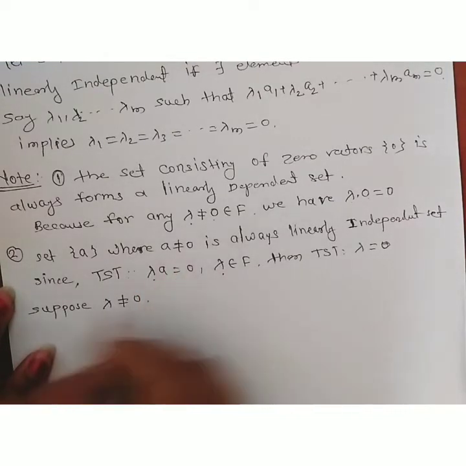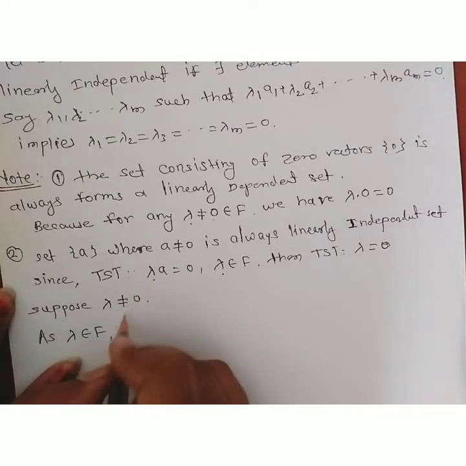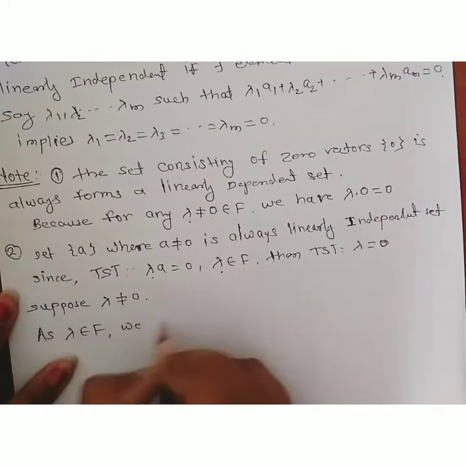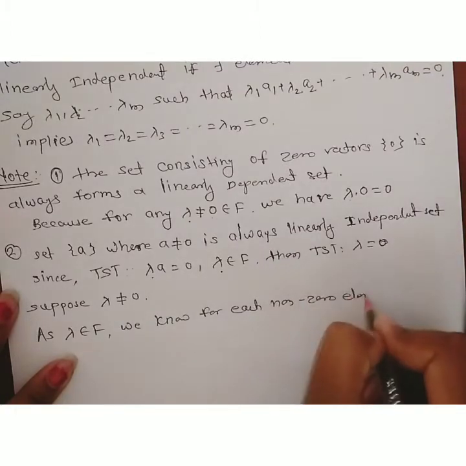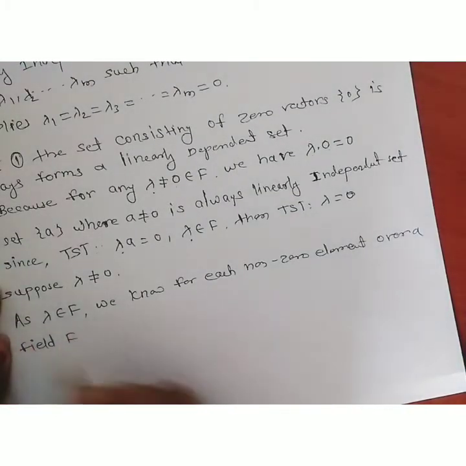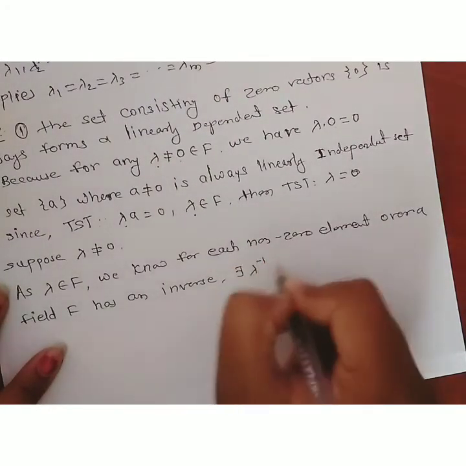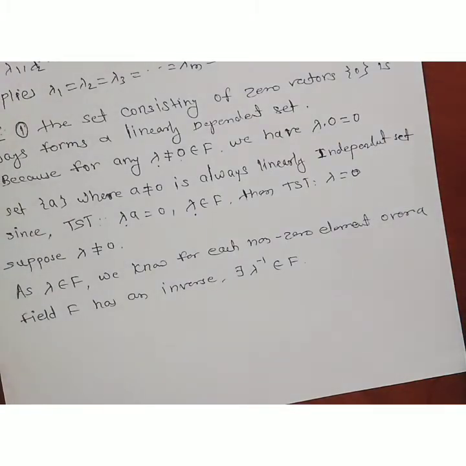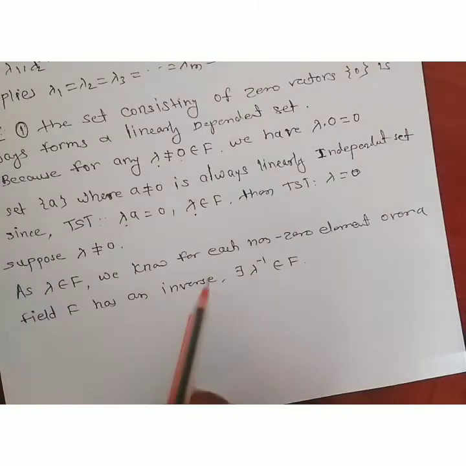Now as lambda belongs to field F, and over a field every non-zero element has a multiplicative inverse, therefore there exists lambda inverse belonging to field F. Since lambda is a non-zero element and F is a field, every non-zero element has a multiplicative inverse.